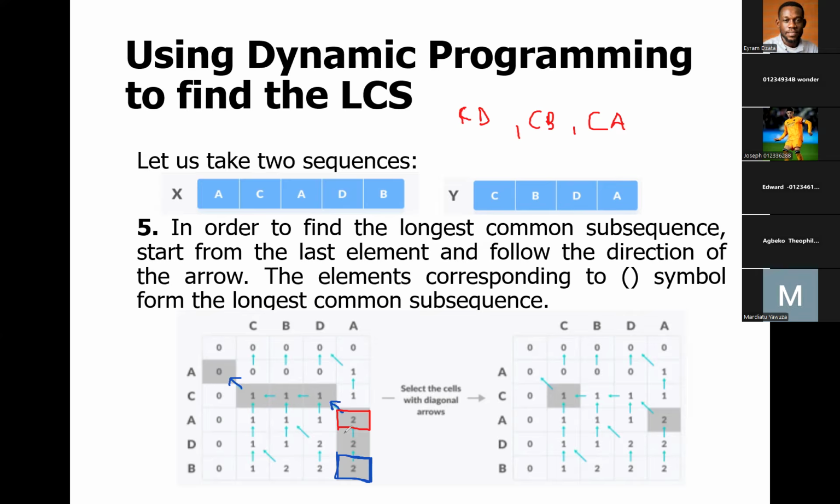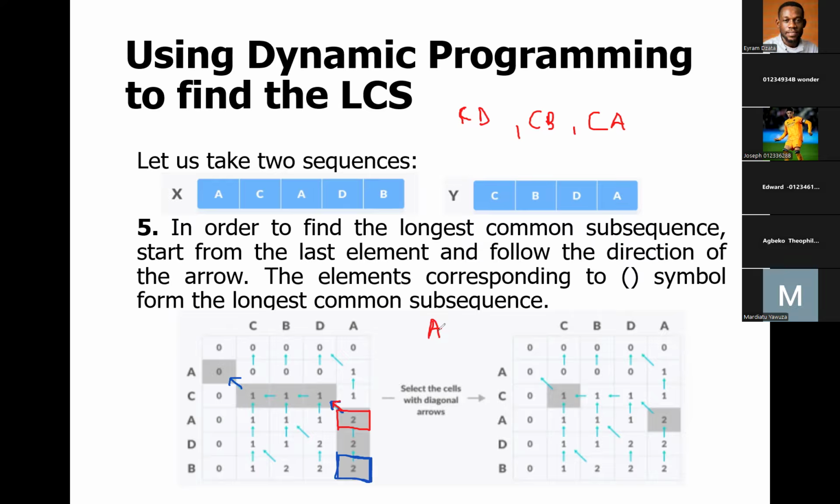But if you go to the table approach, you realize that from here, if you are following the arrow, from this you go to this, which is A, and that's where you have the diagonal. So you capture your A down.